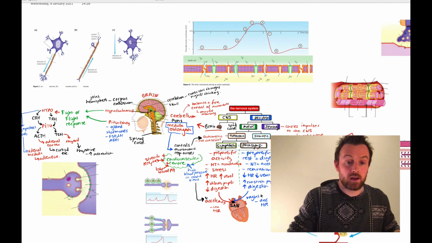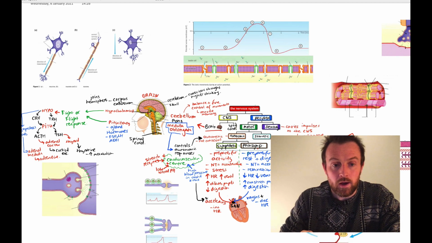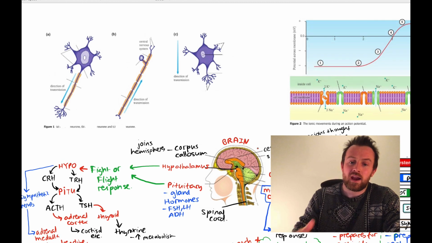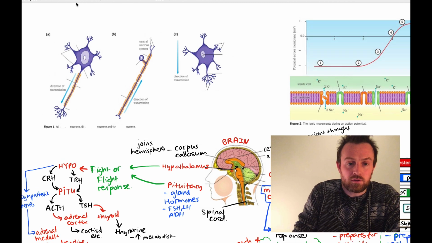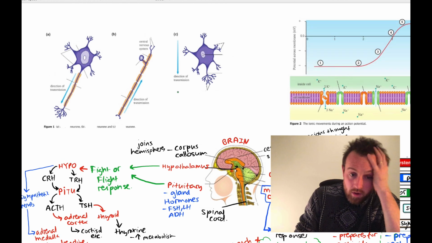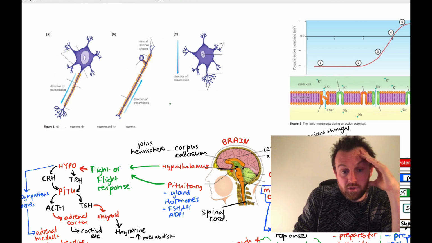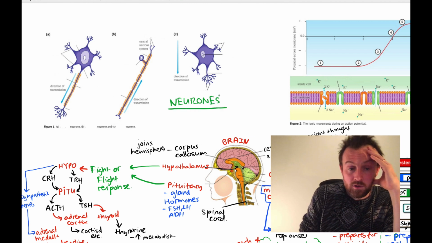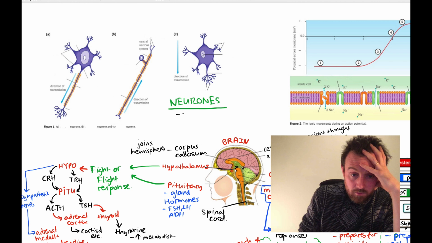Okay, so now let's zoom in and focus on the nervous system. So the nervous system, the brain, it's all made out of neurons, okay? So these up here are the different types of neurons that you need to know about. So neurons are nerve cells.